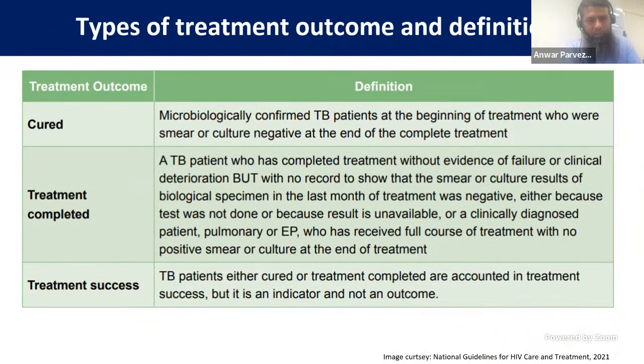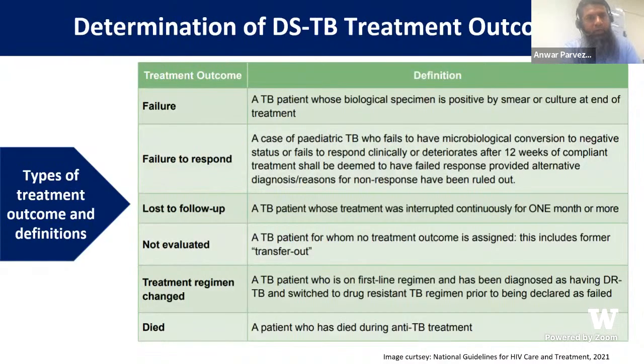Again, these are programmatic definitions. Failure: a patient who was positive by smear or culture at the end of treatment is called failure to respond. This term is used for a pediatric TB case who fails to convert to negative microbiological status, fails to respond clinically, or deteriorates after 12 weeks.